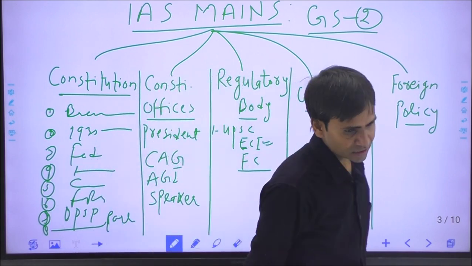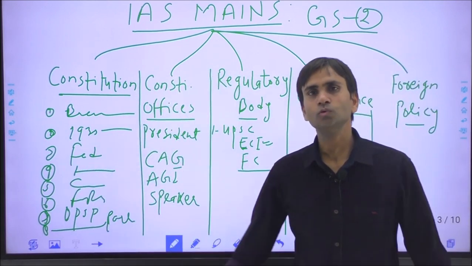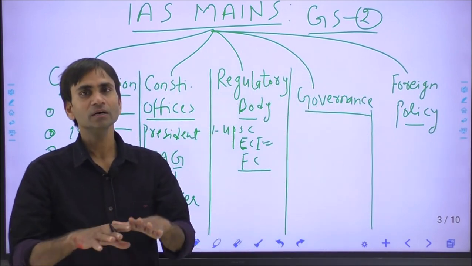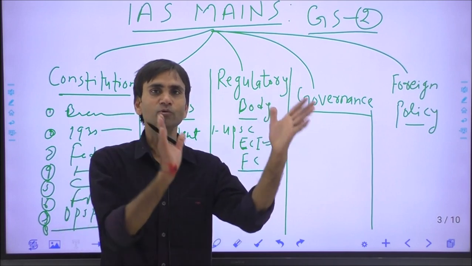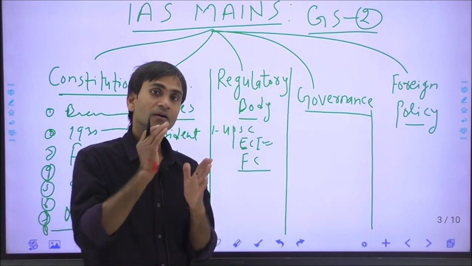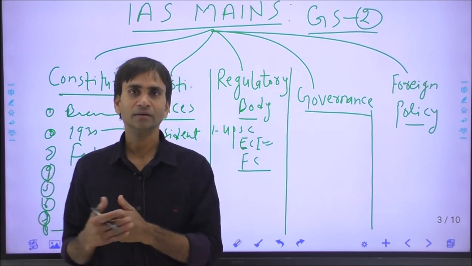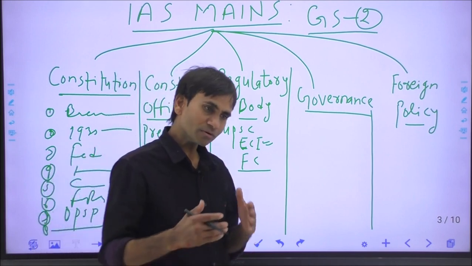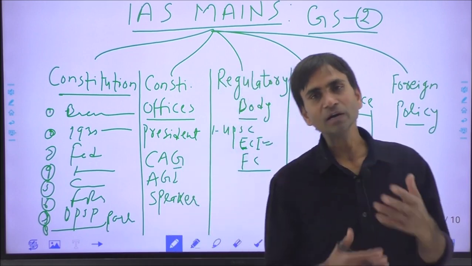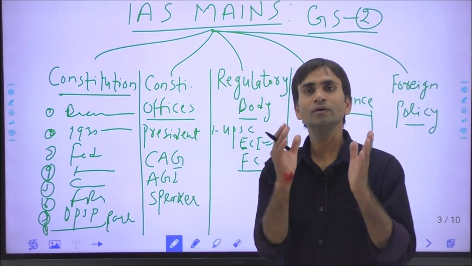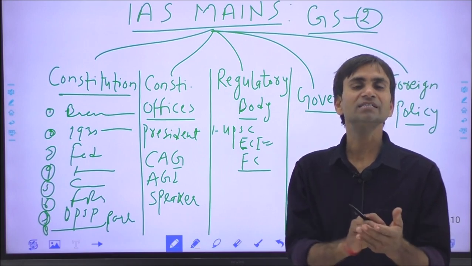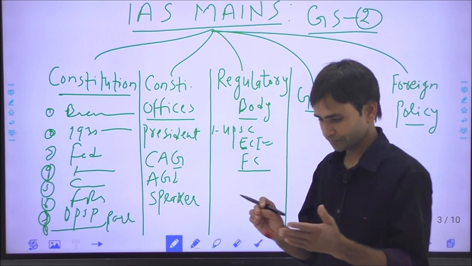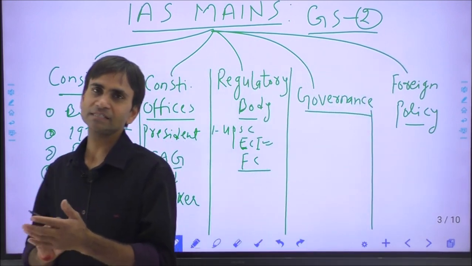Next, the Finance Commission. The Finance Commission's major role is to determine the standard parameters for the allocation or distribution of revenues between the Union and the states. But since its foundation in 1951, the states have continuously been demanding more financial resources, but the Union government has not accepted this request.